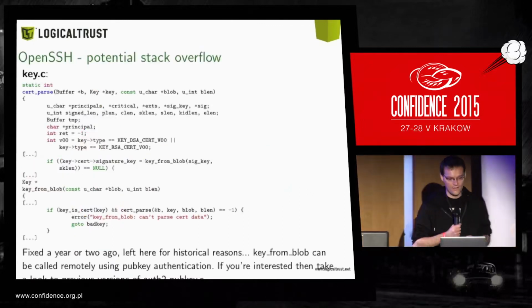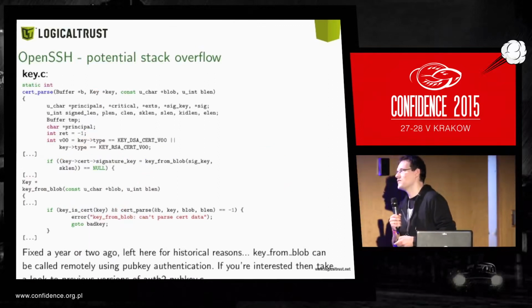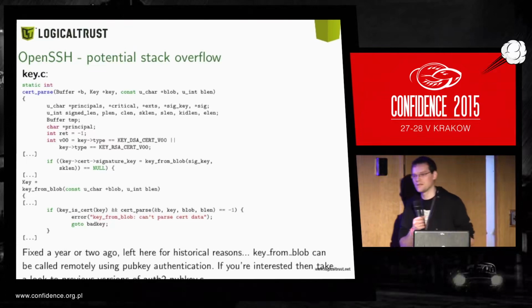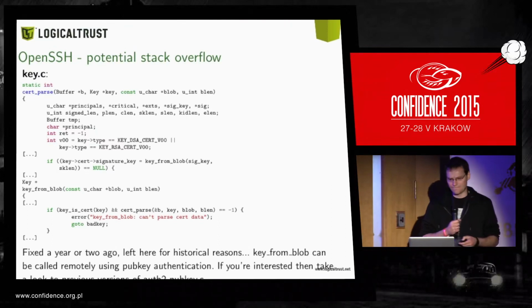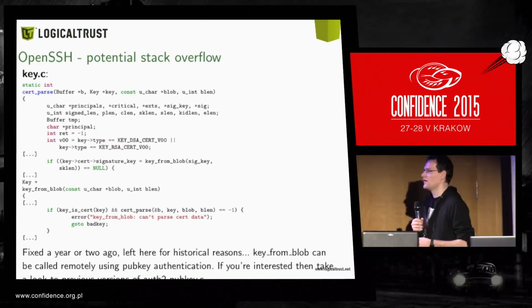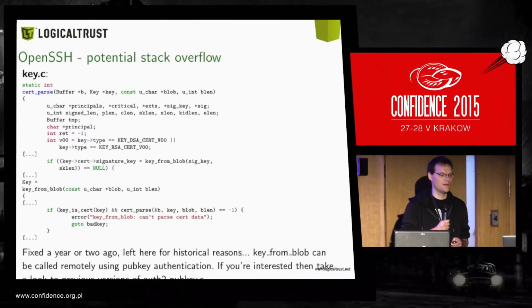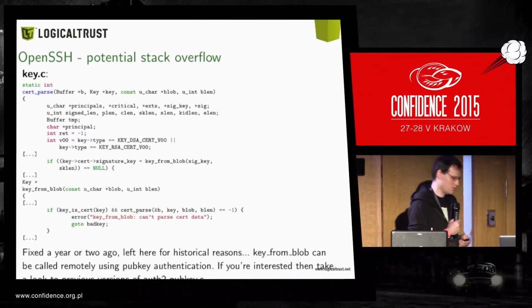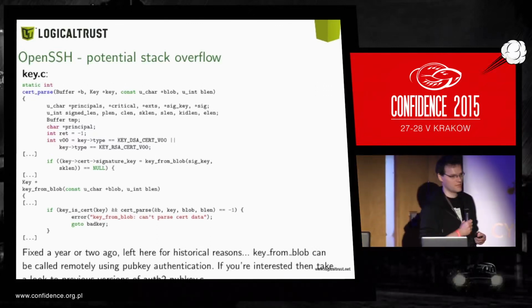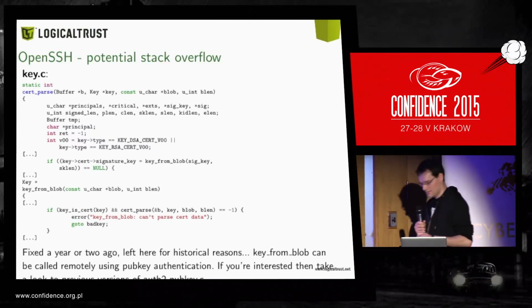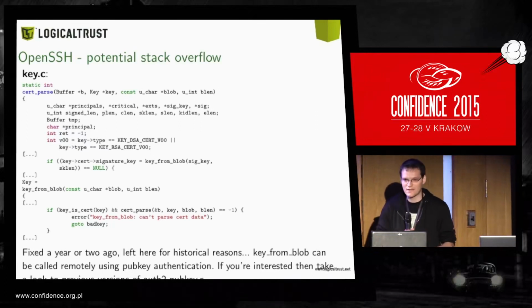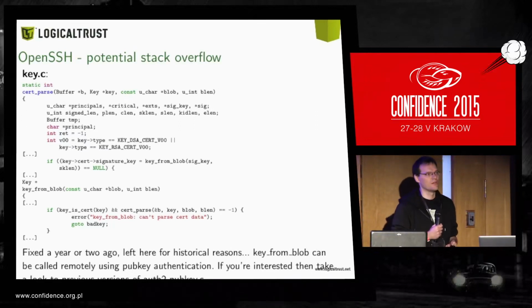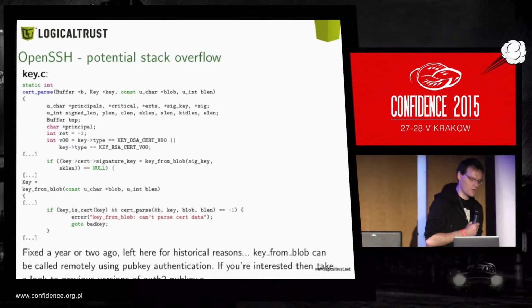So this is left here for some historical reasons. A few years ago, I was auditing the code which is responsible for key authentication in OpenSSH, and developers added some functions to handle certificates, and they made some silly mistake because, you know, SSH is a pretty well-defined protocol.